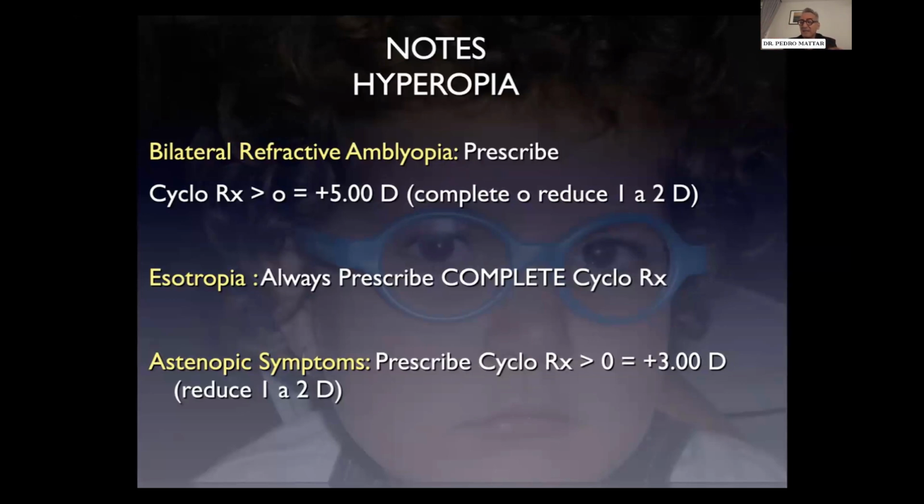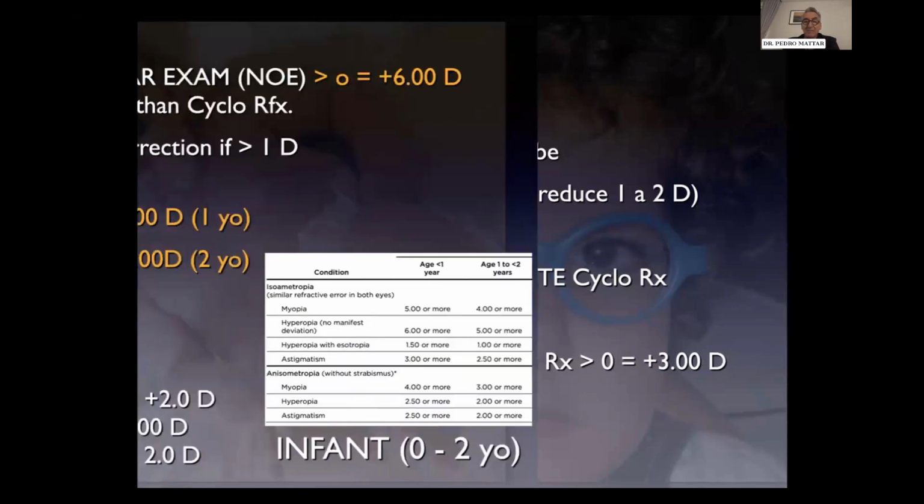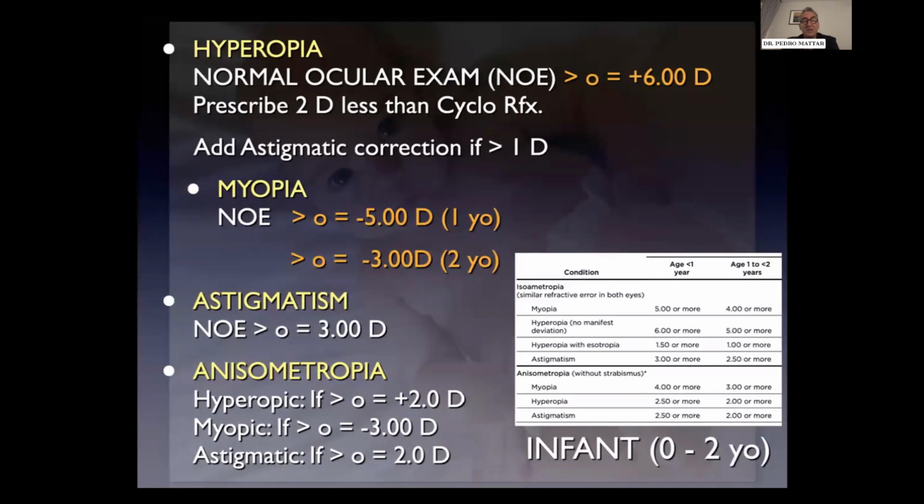And normally they happen at mid-morning or mid-afternoon, and they're related with visual activities or school activities. In those patients, if they have a cycloplegia of more than 3 diopters, normally we reduce 1 or 2, so we leave them some of the accommodation.